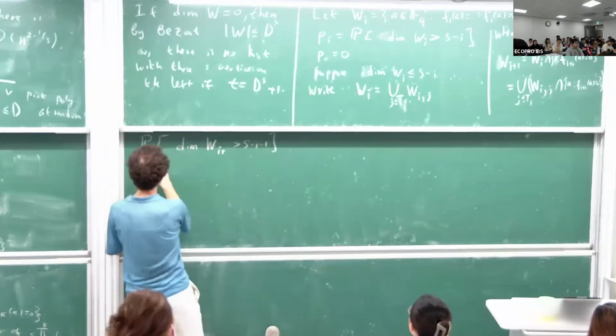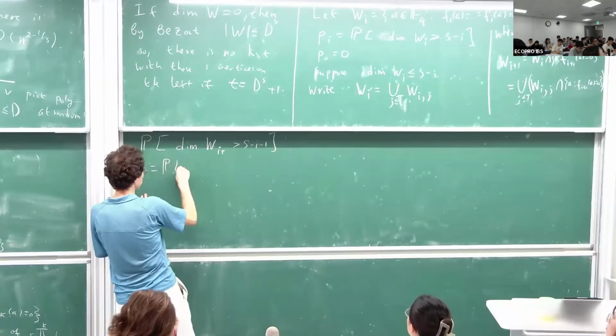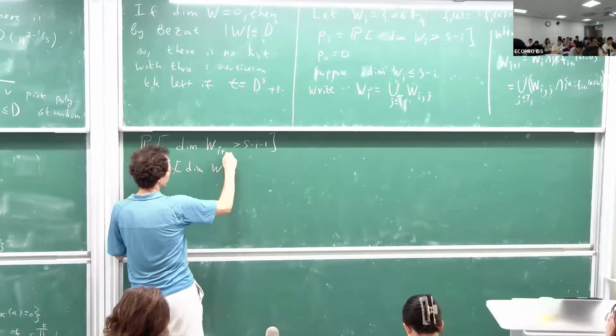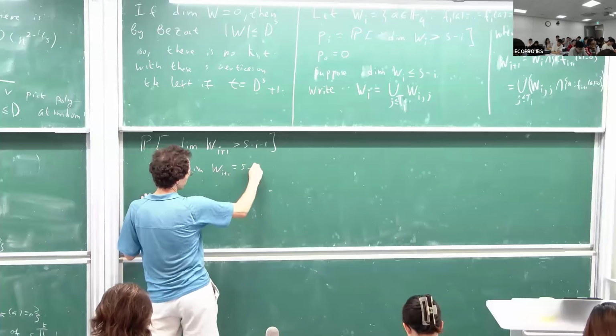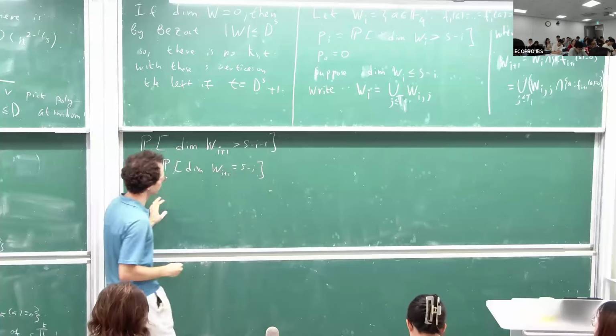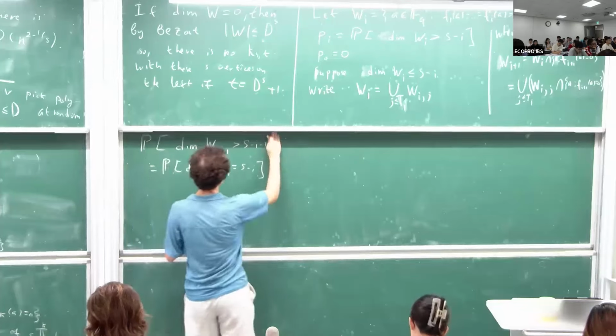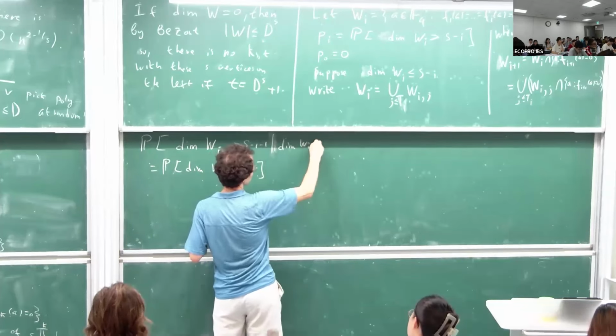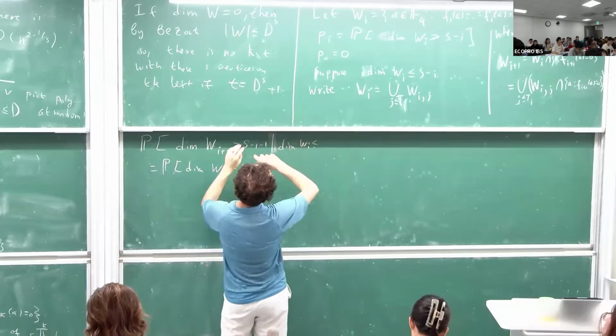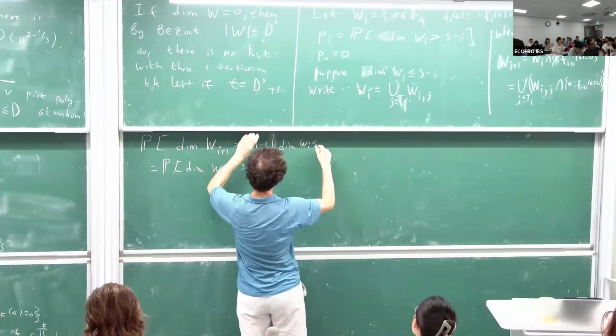I should write conditional probabilities, since I'm supposing the dimension of Wi is good.